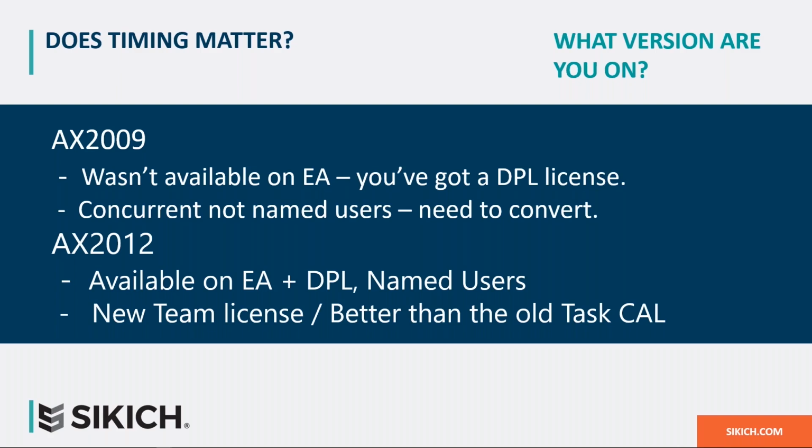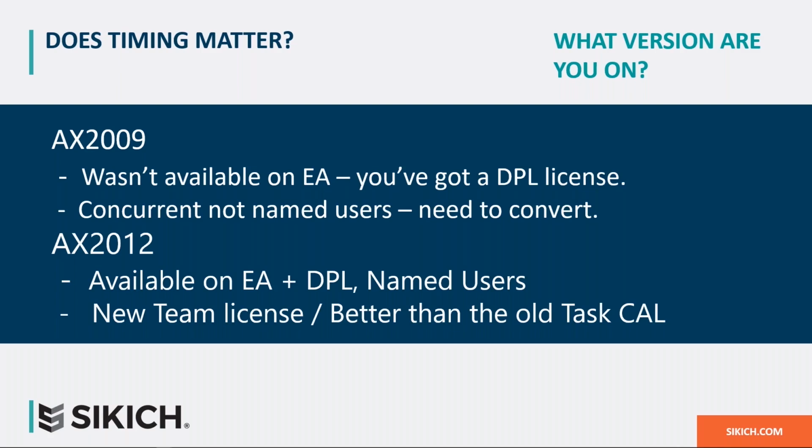You'll need to go through the people who are actually using the system and try to work out which of those three categories of users they will need to migrate to. It's quite hard to get it right, and certainly we've got license translation spreadsheets that can help you determine what sort of users you've got.